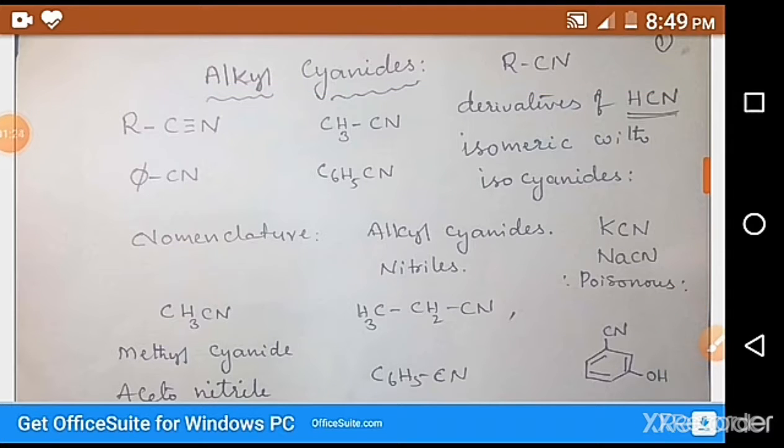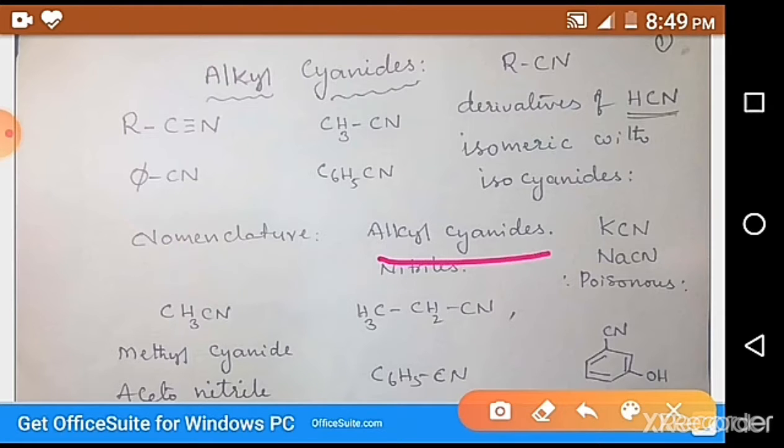Okay. Nomenclature. In the naming system of cyanides, we follow two methods. In the common method, we name these compounds as alkyl cyanides. In the IUPAC method, we call them nitriles. As a functional group, we name this as cyano.